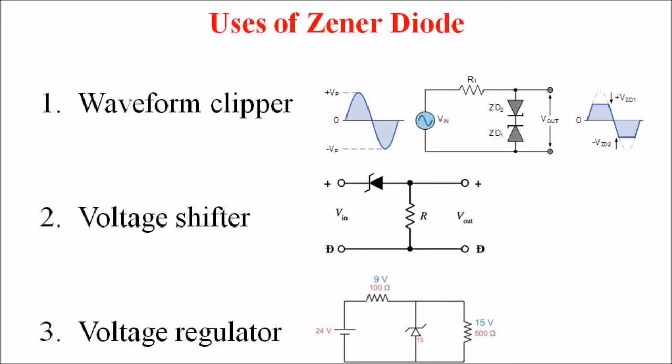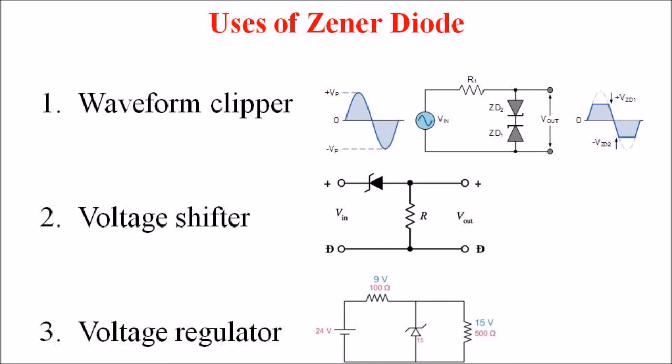So the different applications are: first one is waveform clipper. Two Zener diodes facing each other in series clip both halves of an input signal. The waveform clippers can be used not only to reshape a signal but also to prevent voltage spikes from affecting circuits that are connected to the power supply.